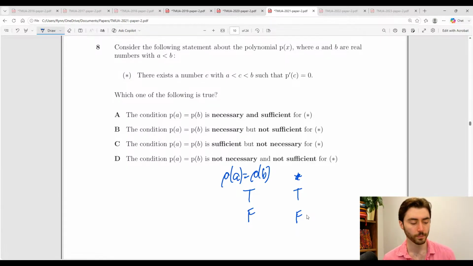So here, the condition, and then this: there exists a number C between A and B such that the gradient is 0. Okay. And it's a polynomial, not a function, which again really matters because it means it must be smooth and continuous with no breaks or asymptotes.